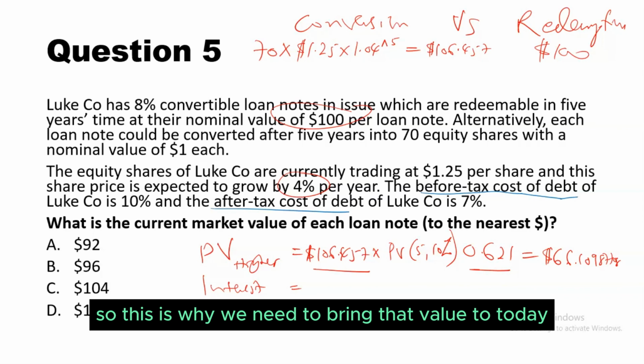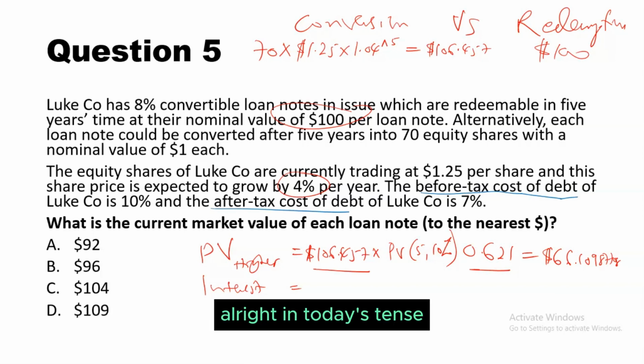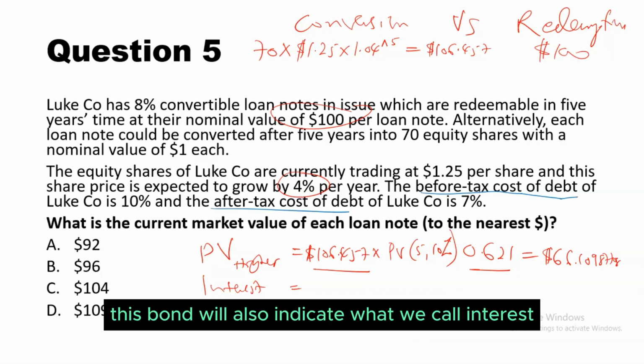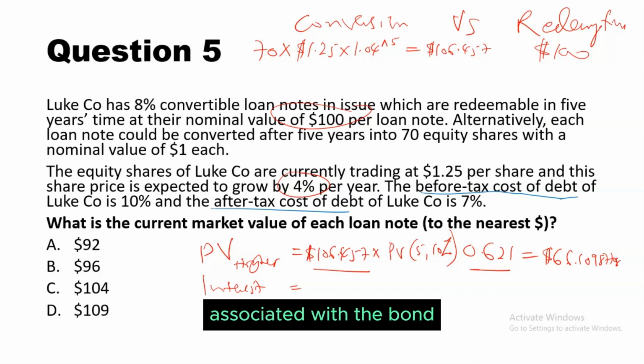This is why we need to bring that value to today, in today's terms. This bond will also incur what we call interest. There are some interest charges associated with the bond.